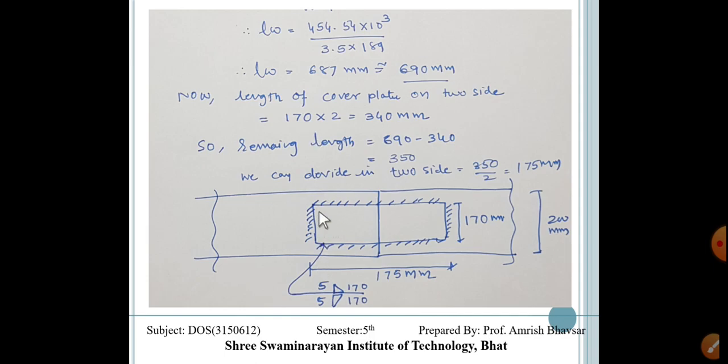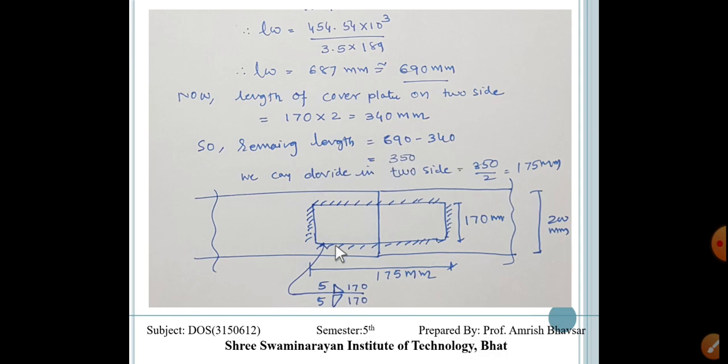Here I am talking about this much, 170 mm. So these two 170 mm must be welded, so we will get 340. So 340 mm welding is done over here, but our total length of welding is 690. So 690 minus 340, we get 350 mm welding still remaining.